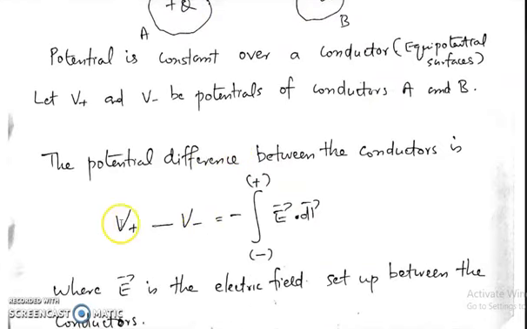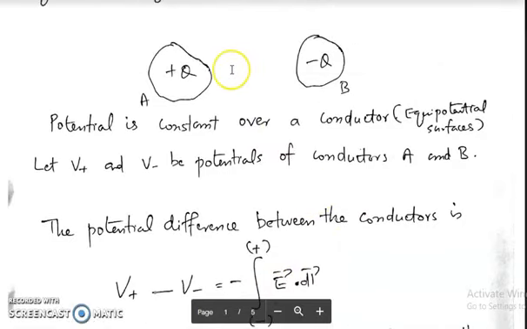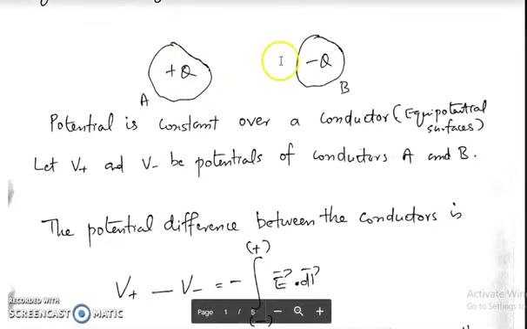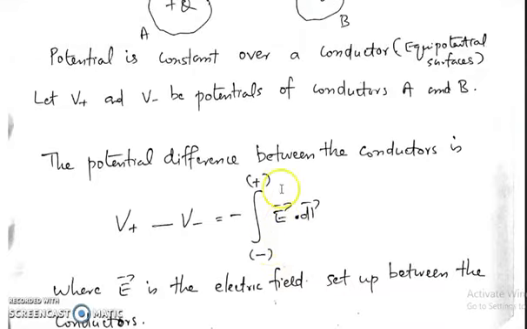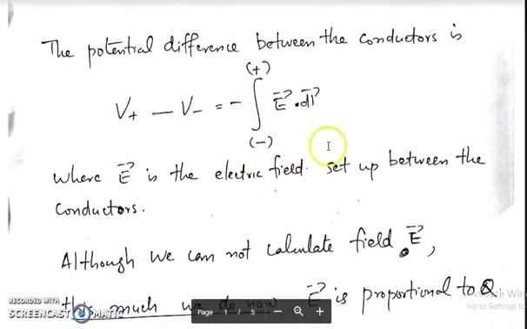Potential difference is V plus minus V minus. This is also equal to minus the integral of E dot dl. What is E? E is the electric field in between the conductors with plus Q and minus Q. So we take the line integral of the electric field, and this will give you the potential difference.